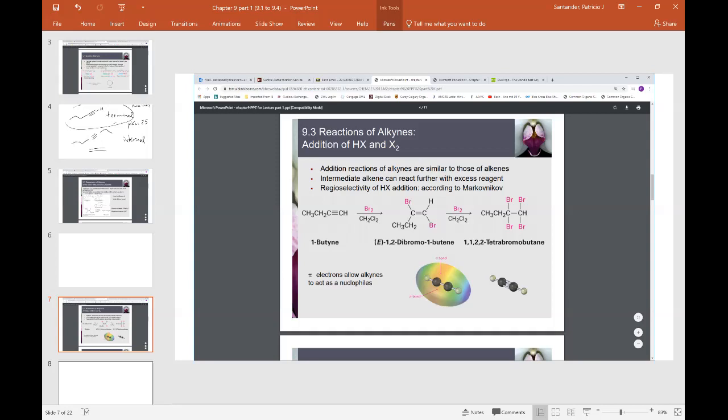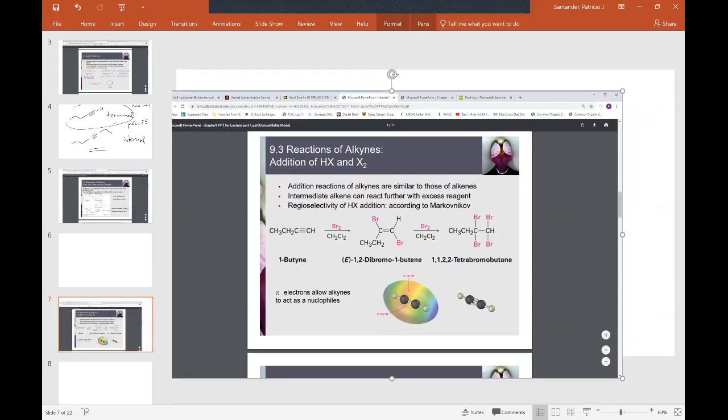In this case, for the preparation of alkynes, we can do that from dihalides. So if we have a dihalide, then we can perform a tandem elimination. We can eliminate twice the bromides.